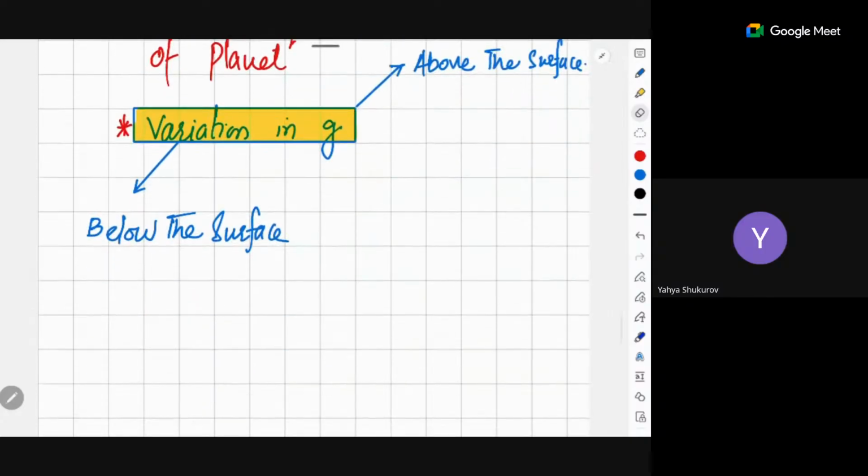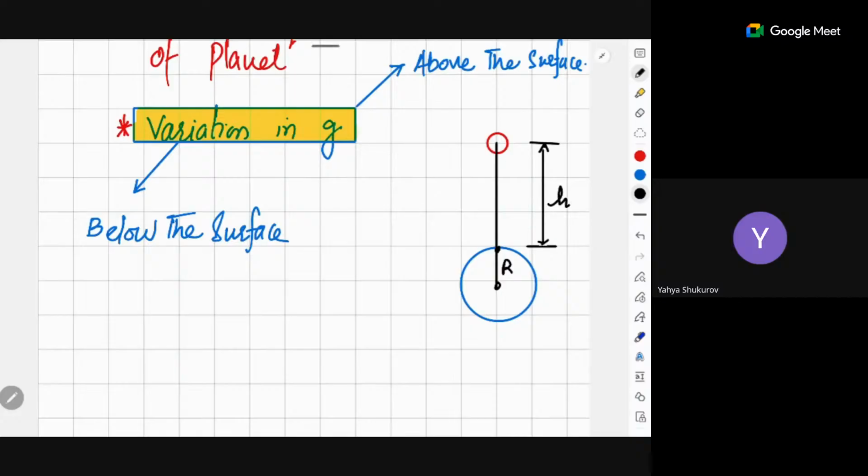If I consider a planet like this, and now the mass has reached this point, the separation between these two is now equal to the radius of this planet plus the height above the surface of this planet, which is significant.